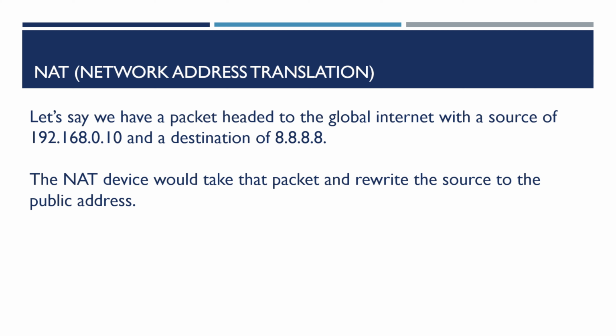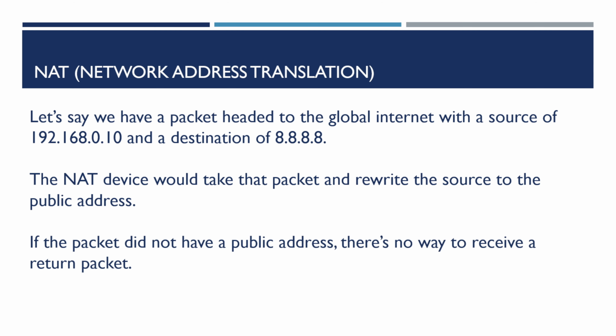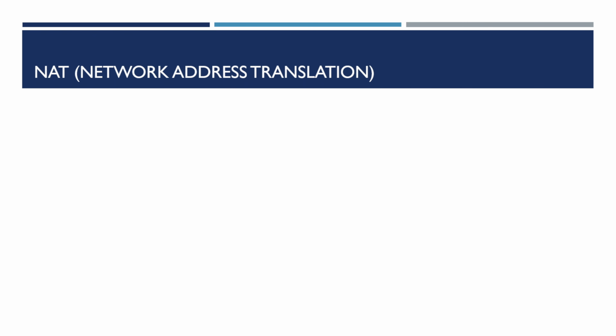It could not give you an answer to your question. If the packet didn't have a public address, there's no way to receive a return packet. It's going to get dropped because 192.168.0.10 does not exist on the public-facing internet. The NAT device puts a public IP in its place, and it goes out. Google knows how to send it back to you because you have a public address on there.